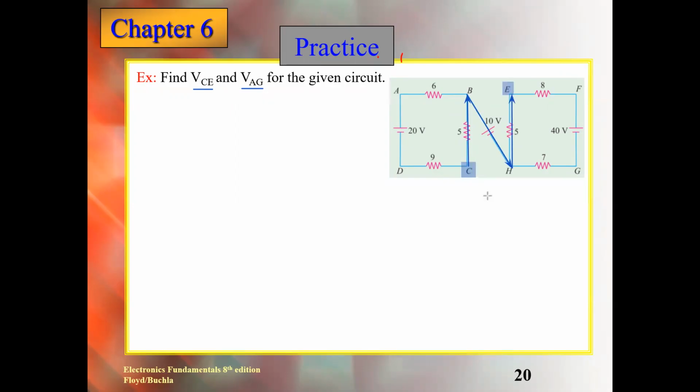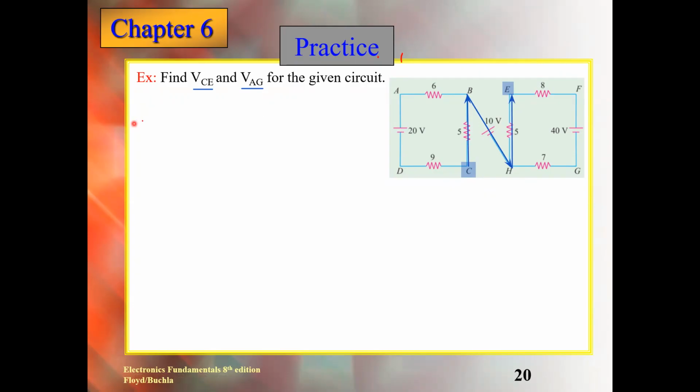So how can we calculate? Similarly, VAG, A to G. This is A, so from A you need to go to G. We can go either this way or this way. Now for VCE, can I split this voltage?